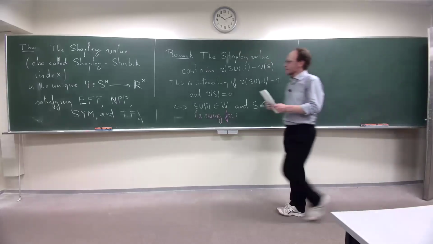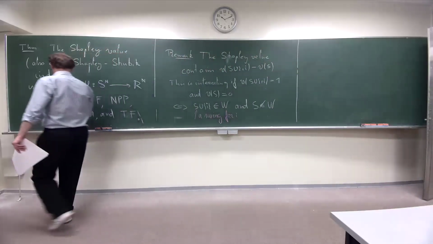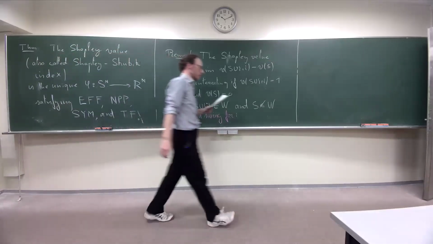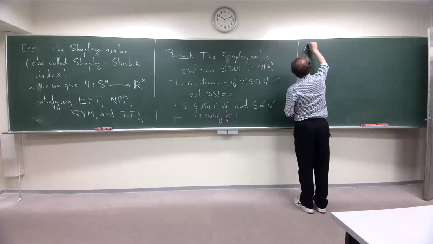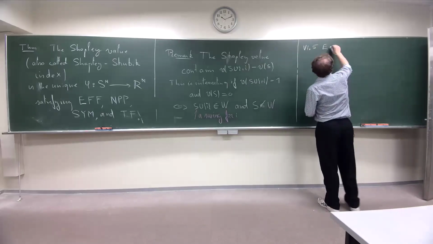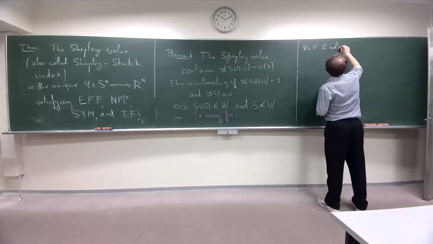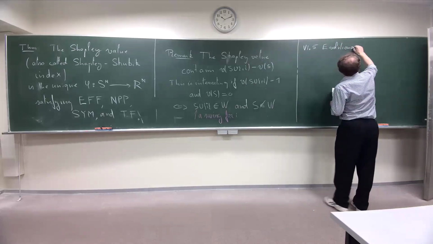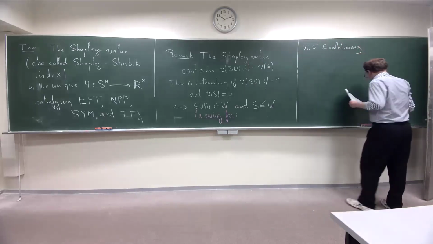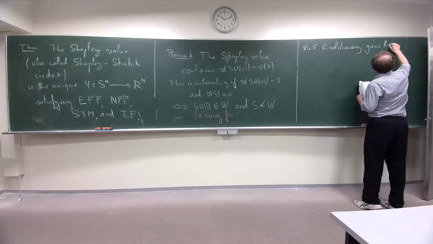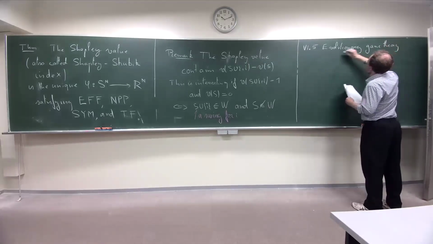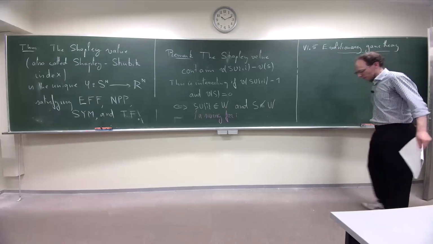Okay, so the last section is about evolution, or evolutionary game theory. This is 6.5, Evolutionary game theory. Now it's a well-developed theory.